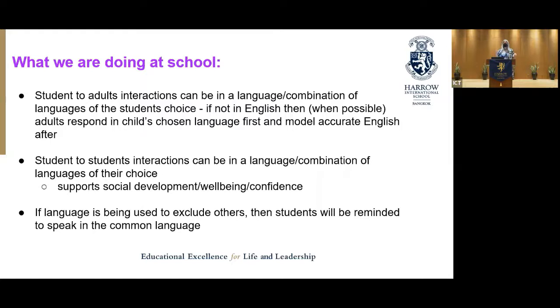It's very normal for children who are bilingual or multilingual to mix a little bit of one language and a little bit of another into a sentence, because they're the words they know and that's what they're confident in. We certainly don't want to be saying no to that. We want to be encouraging that. We want to be supporting our students to use their entire linguistic repertoire, is the phrase that's used. We want them to be using all of their language.